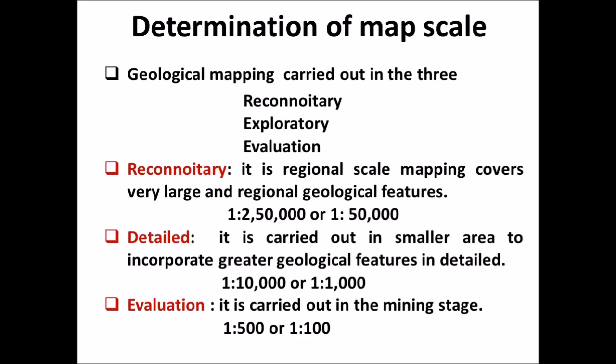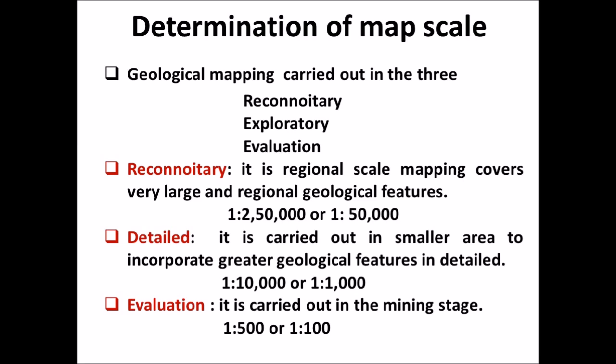Next is determination of map scale. This is very important because in the process of mapping we have to fix the area and the scale, because the mapping could be of three stages or three kinds. It could be reconnaissance, exploratory, or evaluation.